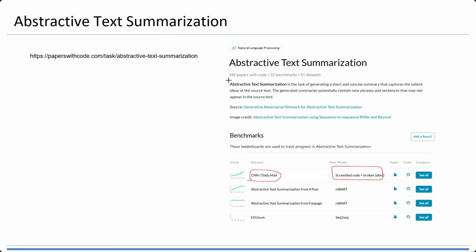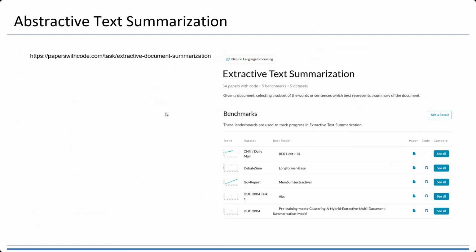You can see there are many data sets that you can use for analysis. For the extractive, maybe it is not that popular because extractive is just to find one or two important sentences. The most representative model is BERT with RL. RL means reinforcement learning.